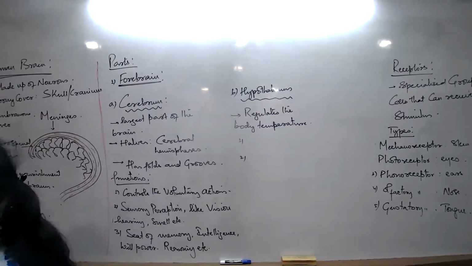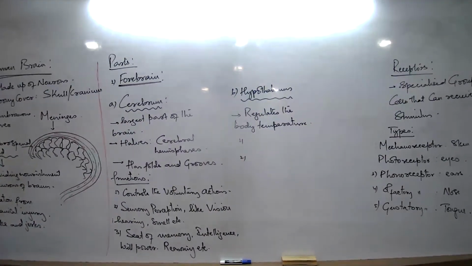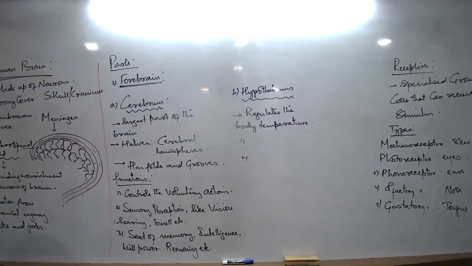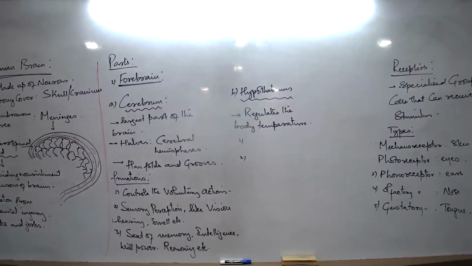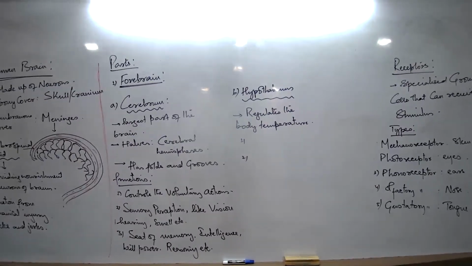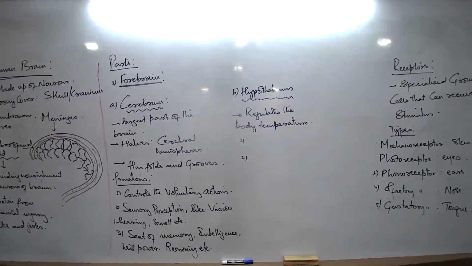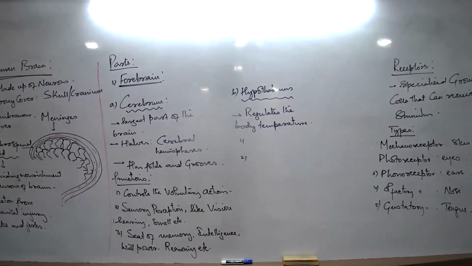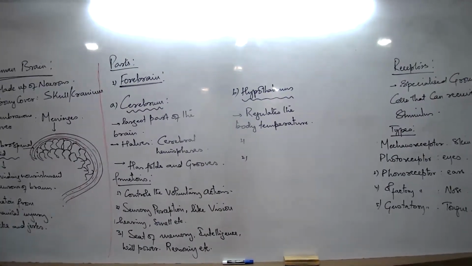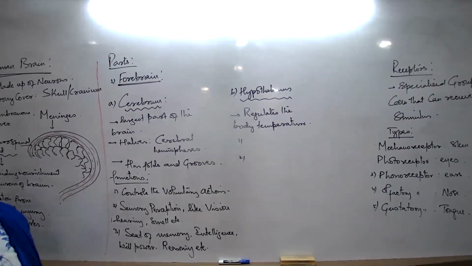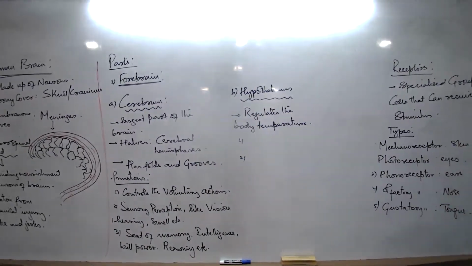Number one, when the outside temperature is very high, that is in summer or when you are exercising, it increases the blood supply to the skin and results in profuse sweating.